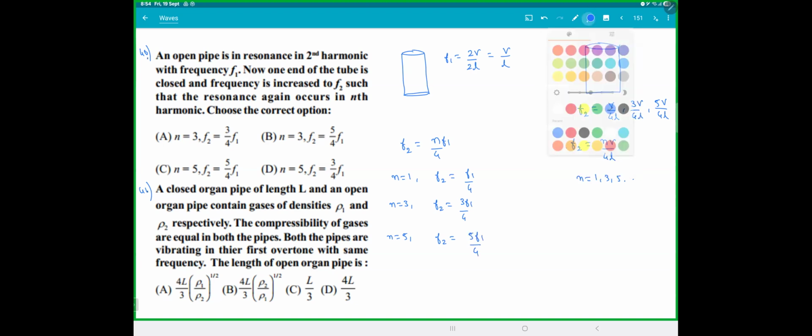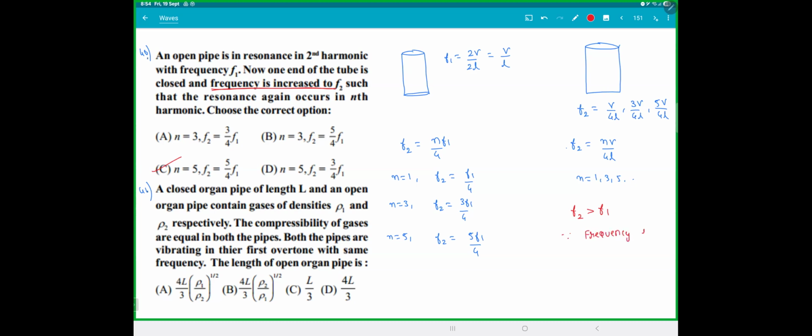So if you see, A and C are right, but he said the frequency is increased to F2. So F2 is greater than F1. That's the reason the first option is wrong.